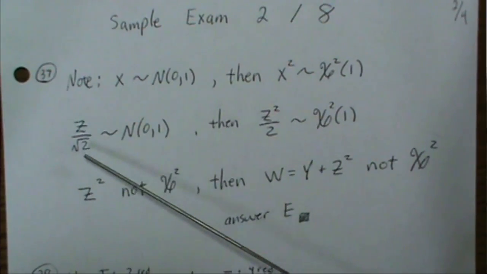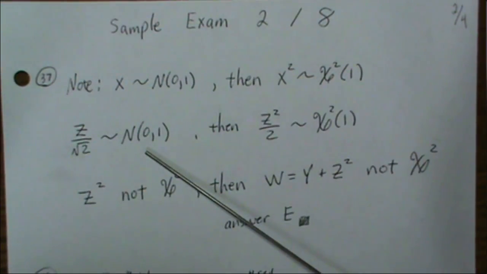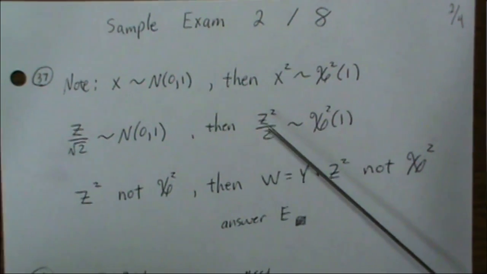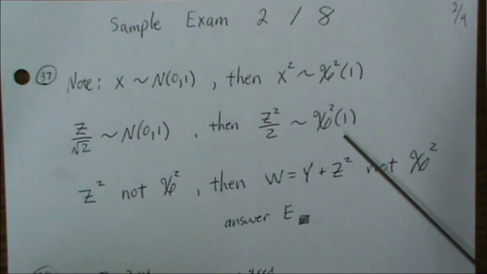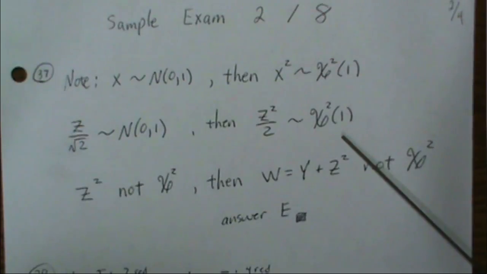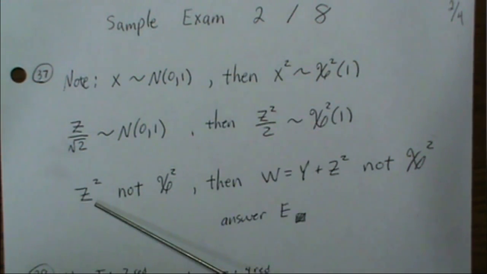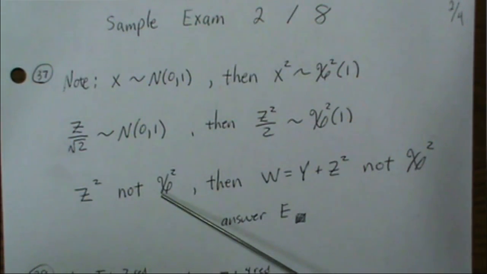So z over square root of 2 is a standard normal distribution. But then that means if you square this, z squared over 2 is a chi-squared with 1 degree of freedom. And that tells us that z squared by itself is not a chi-squared.